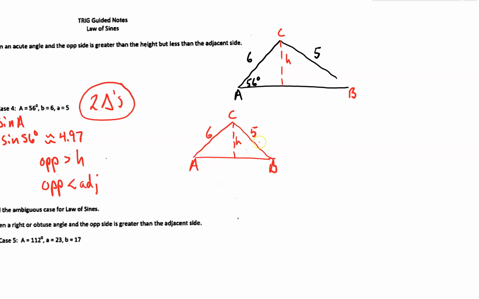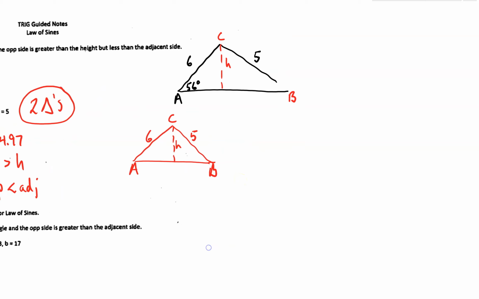So the opposite would swing down, but it would hit the base before it actually became parallel or right on top of the H. So it would have that one. But it would also have this triangle. It would have one that might look like this.